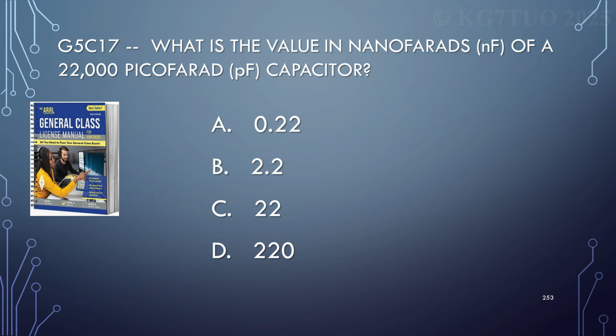So 0.22 is a 5 decimal move, so it can't be that. 2.2 is 4, can't be that. 22 is 3, and 220 is 2. So which answer is it? Without remembering where they are in the hierarchy, it has to move in units of 3. It has to be 22. Here you're just moving the decimal point.